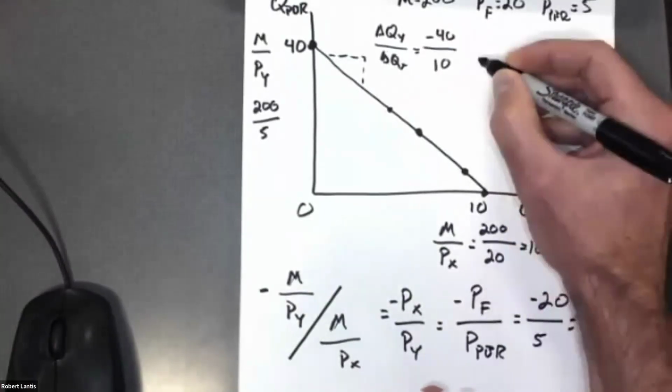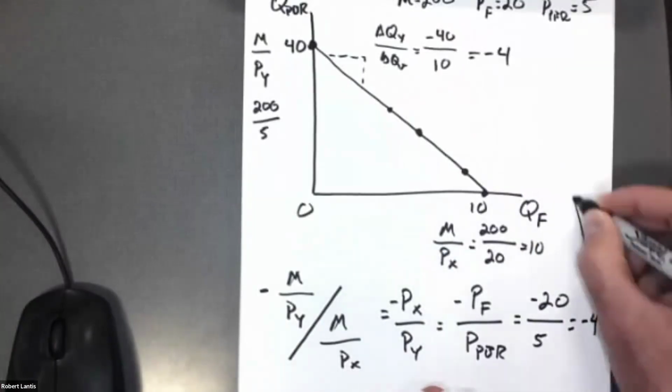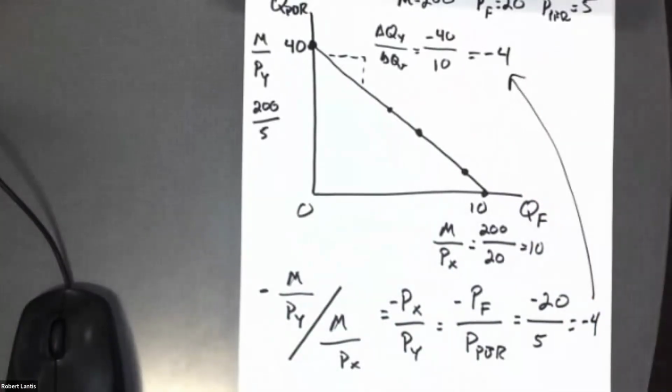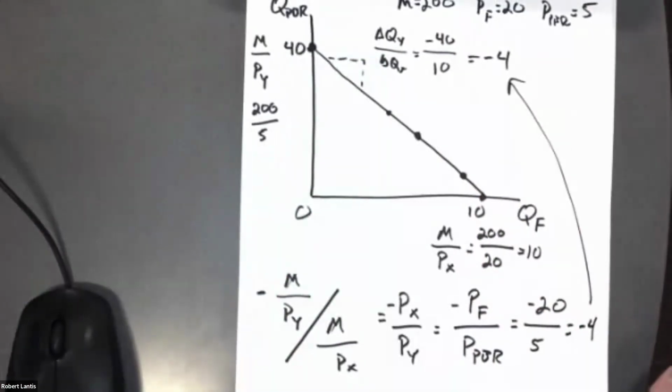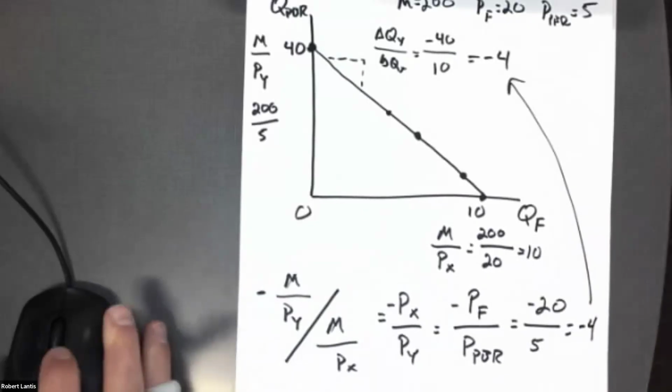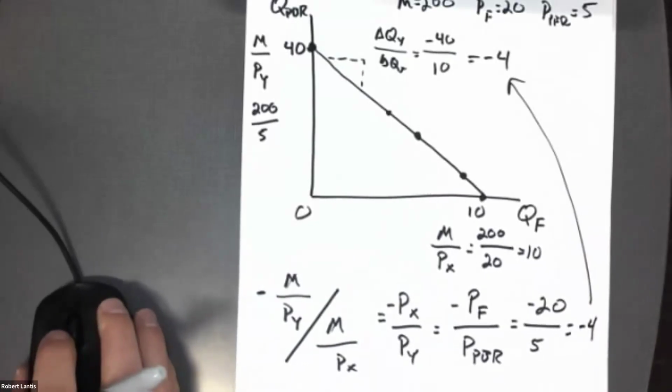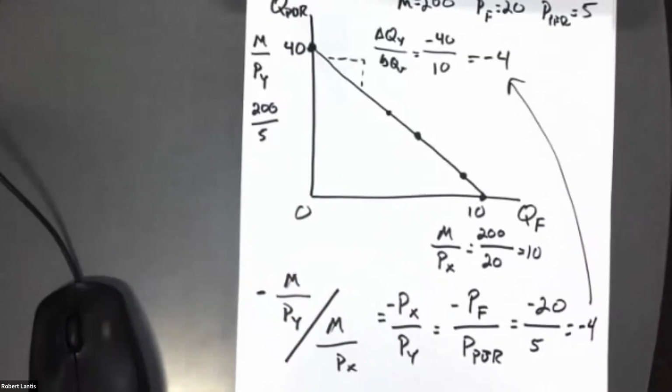Sure enough, we get that same value of negative 4. So the slope of our budget equation, even if we don't know what these quantities are, will always be the relative prices of those two goods. And when I say relative price, it's the price of your X good over the price of your Y good.